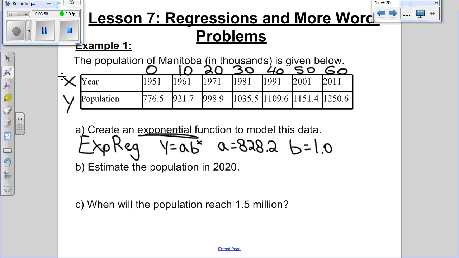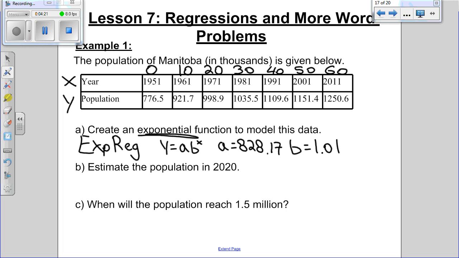So that's going to be 828.17 and 1.01, rounded to the hundredth. What they've done is they've given you the formula for your exponential equations, and then they've given you the numbers that go in your formula.